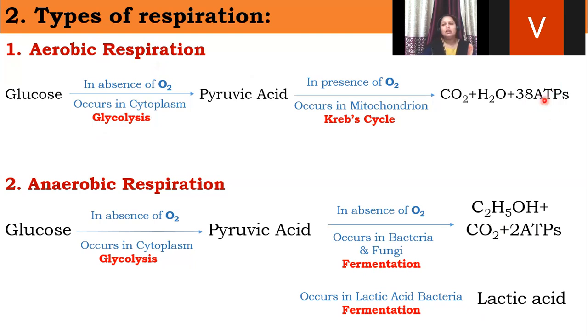Now, what happens exactly when the ATP is broken down? You can see that in ATP there are three phosphates, adenosine triphosphate. The terminal phosphate bond is an energy rich bond. So when this bond is broken down, a lot of energy is evolved, and this energy is responsible for carrying out the different processes inside the cell.